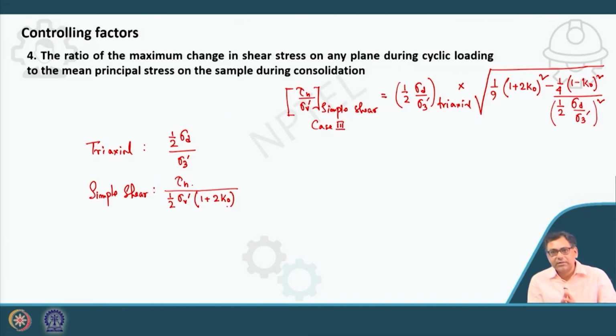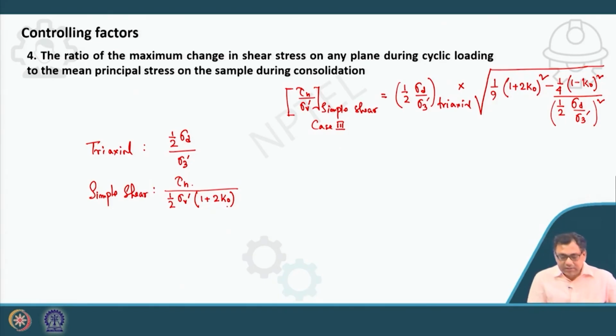So that's why I am taking the plane where the developed shear stress is maximum, always in case of triaxial. But in case of simple shear, I have to take any plane. So in the first two and the fourth cases it is any plane, the change in shear stress. The shear stress is tau h on that plane, so the maximum change will be 0 to tau h. So it is tau h only.